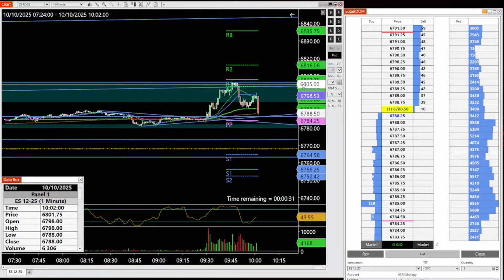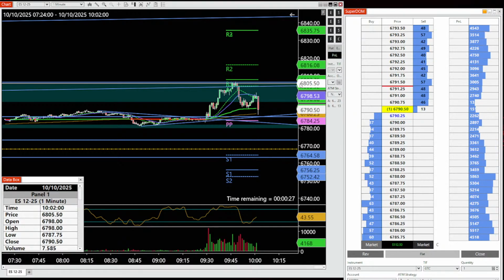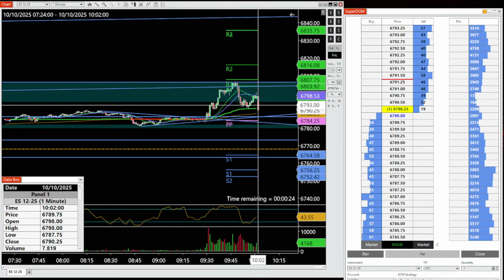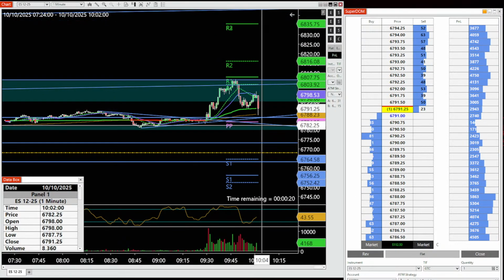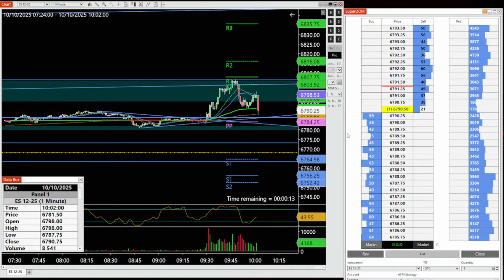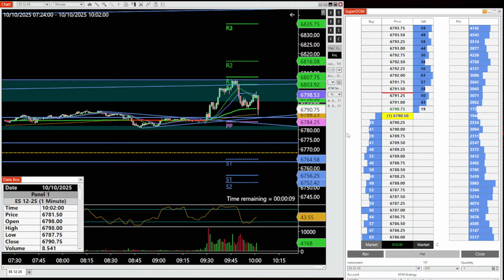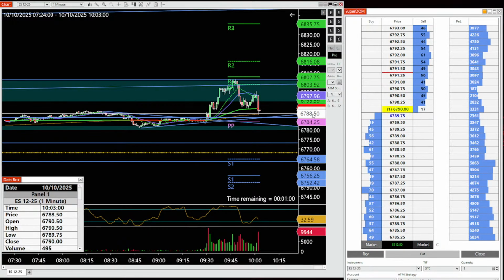Okay, breaking VWAP. Over VWAP, over and under VWAP. What does it look like? Just let it play.